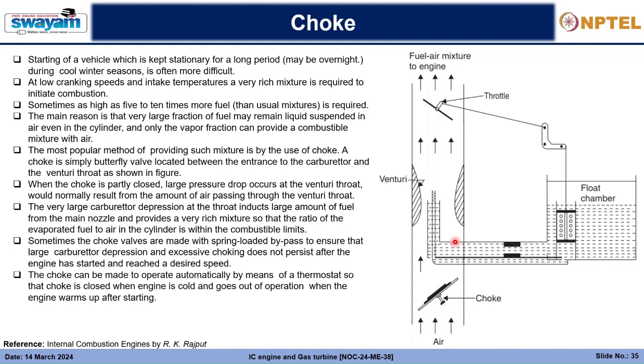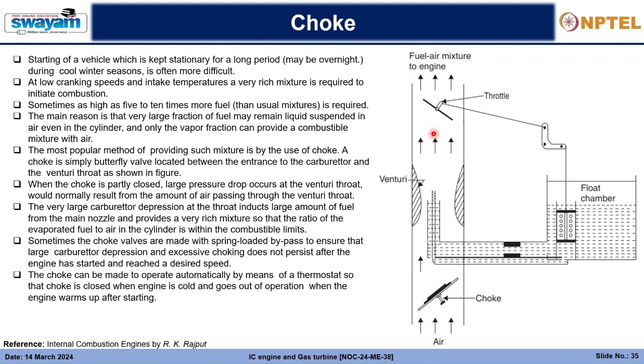So we require a choke. You may remember pulling a particular needle which is below the handle, and that is basically the choke. So this is the purpose of the choke, and this is the arrangement, and accordingly the richer fuel-air mixture is supplied.